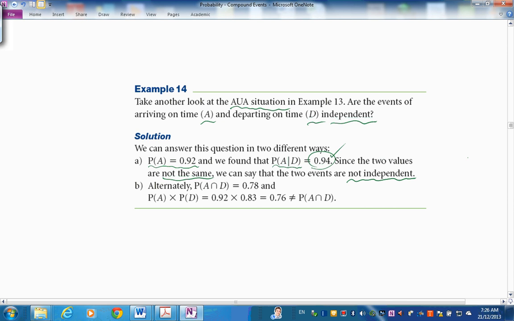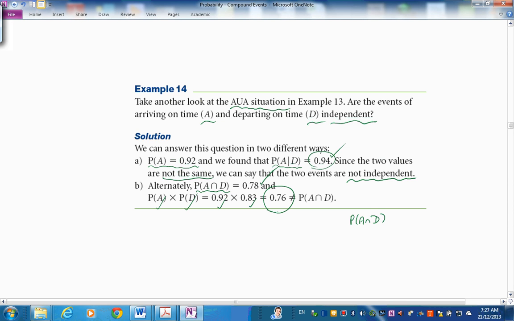We don't generally say dependent, we say they're not independent. Alternatively, you could go about working out the intersection. That was given to us, 0.78. So that's the probability of arriving on time and departing on time. And then if you multiply the two separate ones together, you get 0.92 by 0.83, and therefore it isn't the same. So I think that definition is easiest.